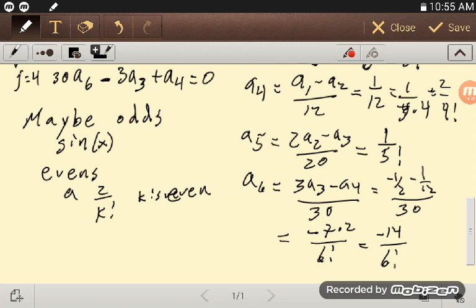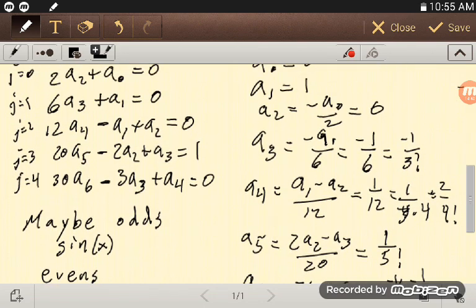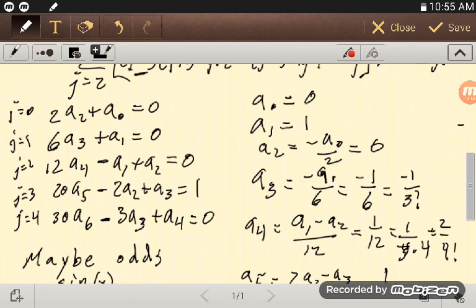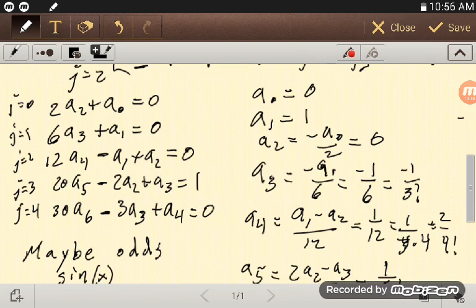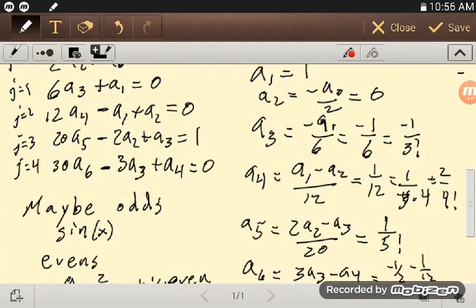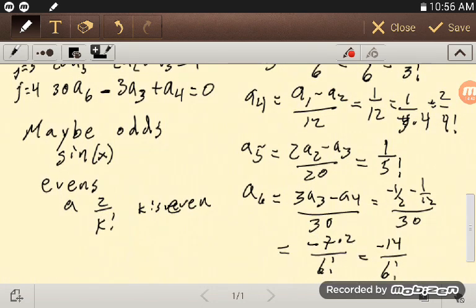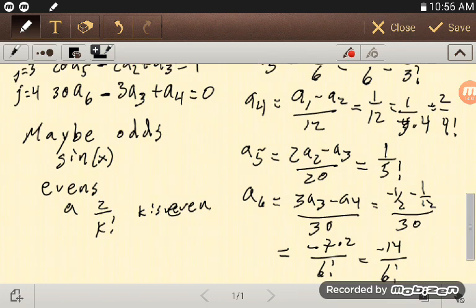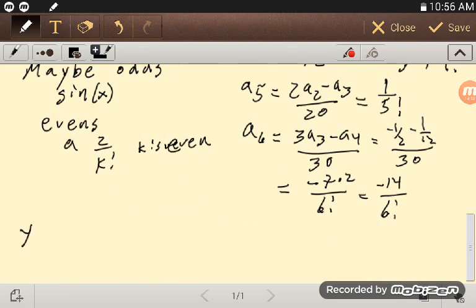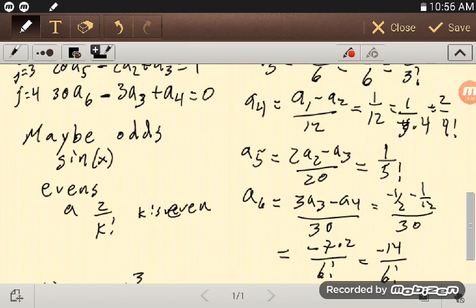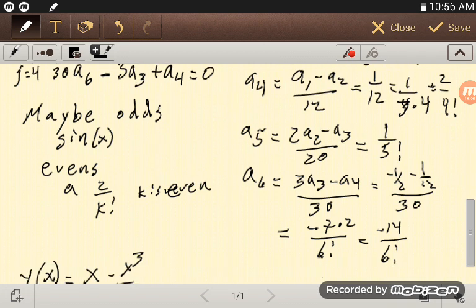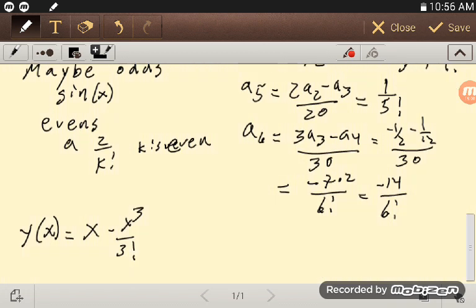I could just write these terms out. And again, they started at A1, so that's an x, and then the A3. And so if nothing else, I can write that y of x, its first few terms are x minus x cubed over 3 factorial. I got to go up for the 4. I'm going to write it as the 2 over 4 factorial.